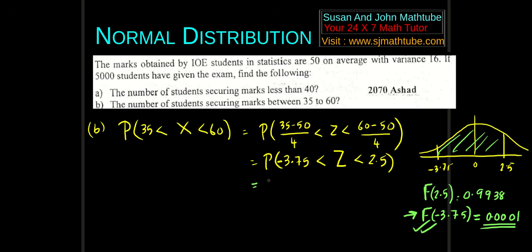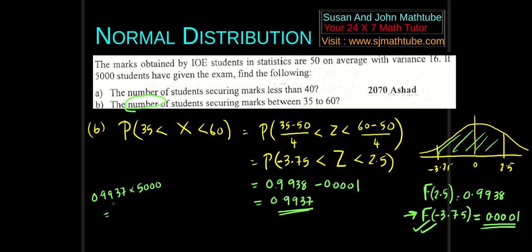So the answer will be 0.9938 minus 0.0001, that will be 0.9937. But did they ask you probability? Of course not. They asked you the number of students. So we multiply 0.9937 with the total number of students who appeared in the exam.